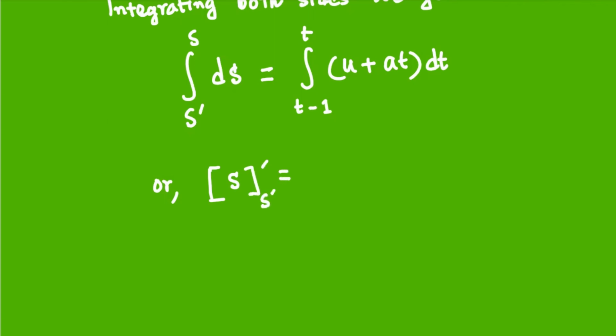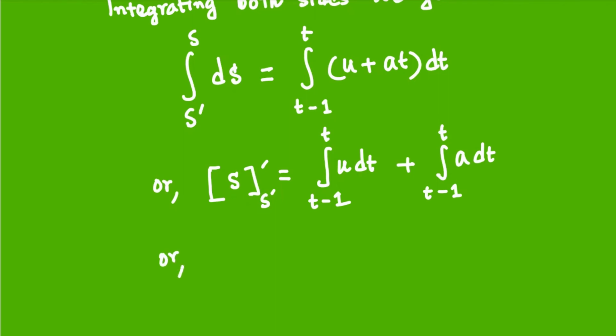Integration ds is s, in brackets s prime to s, equal to integration u dt from t minus 1 second to t second plus integration a t dt from t minus 1 second to t second. It should be a t dt. The final limit of s will be s.